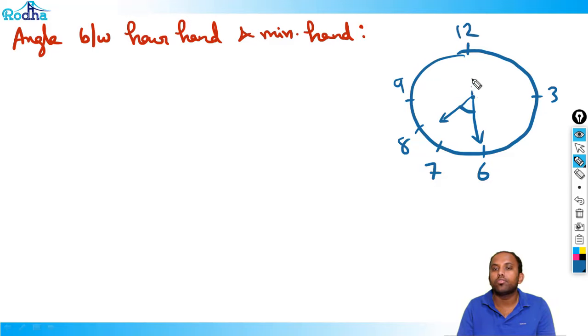My base is always at 12. So initially let's assume that the hour hand and minute hand both are at 12 only, and after that till 7:30. So my logic will be how to find this theta.